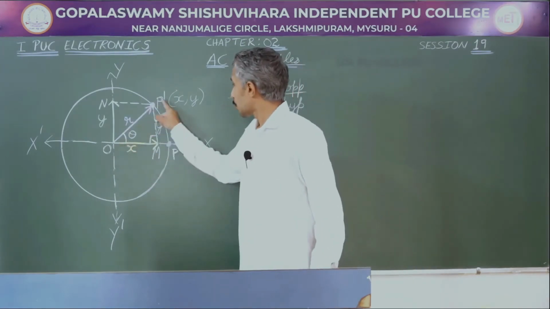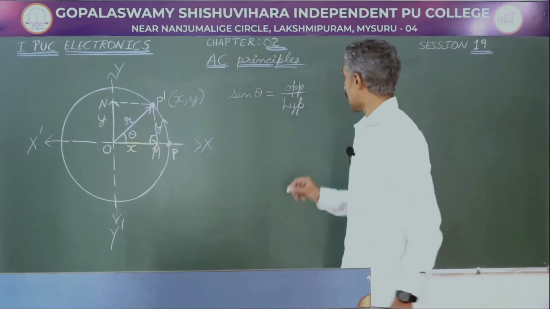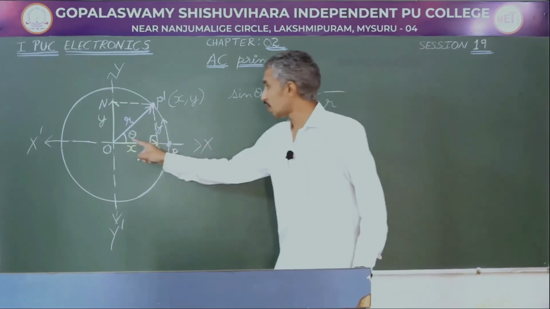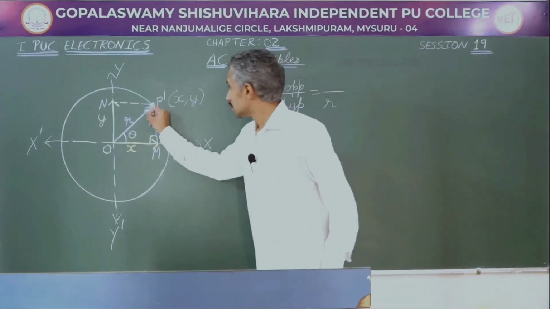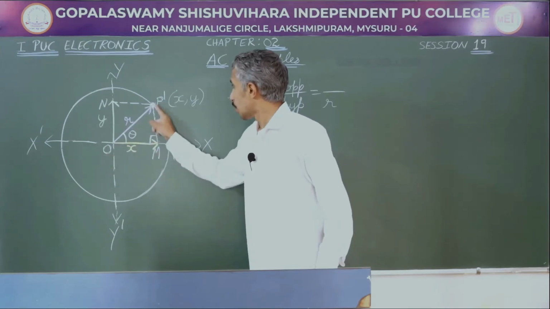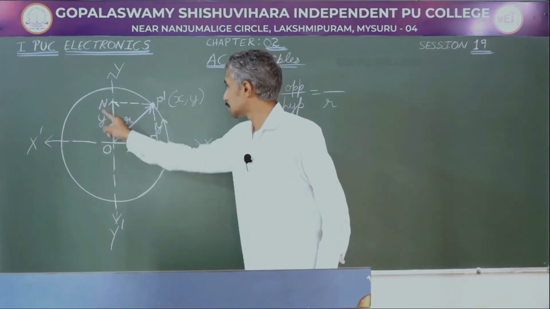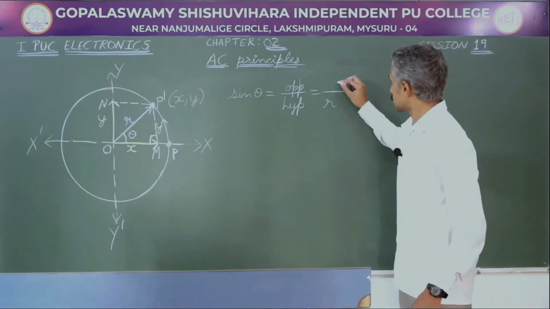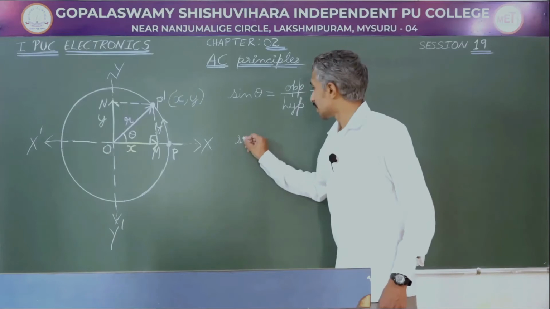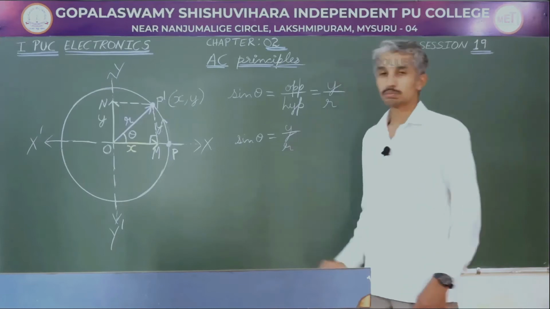If I consider O P dash M, hypotenuse is nothing but the radius r. Opposite in the sense opposite to angle theta. Here this is the angle theta, P dash O M. The opposite to P dash O M is nothing but y. This P dash M is equal to NO, which is y. So, sin theta will be equal to y by r. Let me rewrite it. Sin theta is equal to y by r.